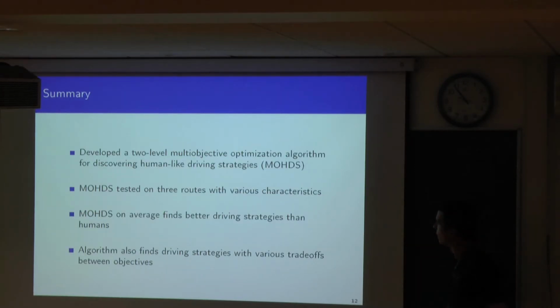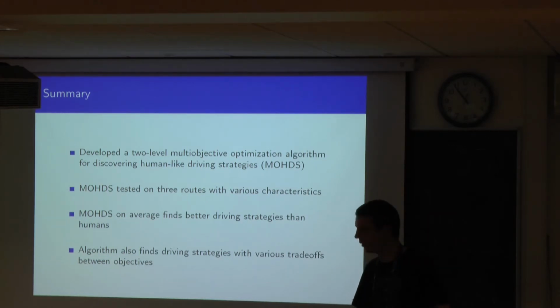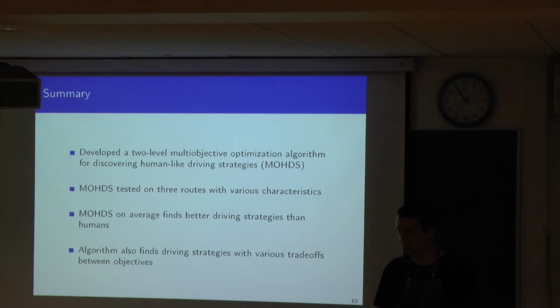So in summary, we developed a 2-level multi-objective optimization algorithm for discovering human-like driving strategies and tested it on 3 routes. This algorithm, on average, finds better driving strategies than humans, and also finds driving strategies with various trade-offs between the objectives.